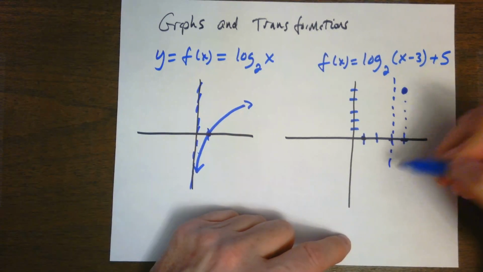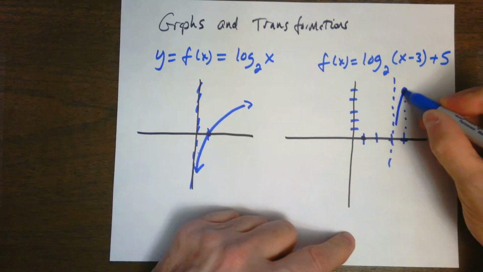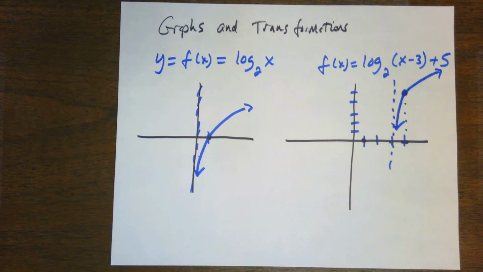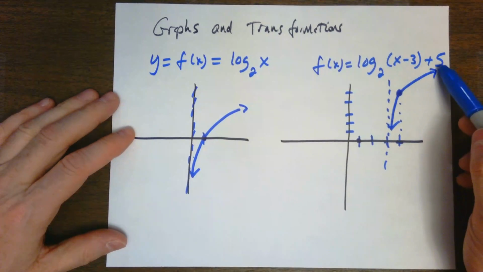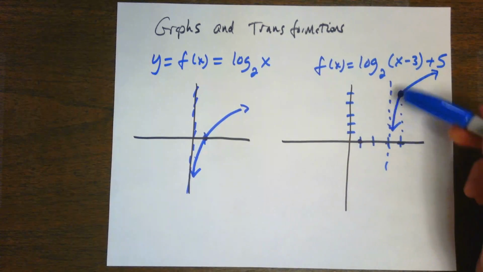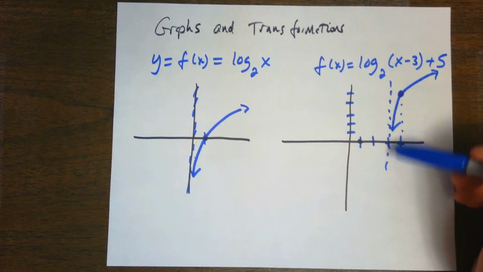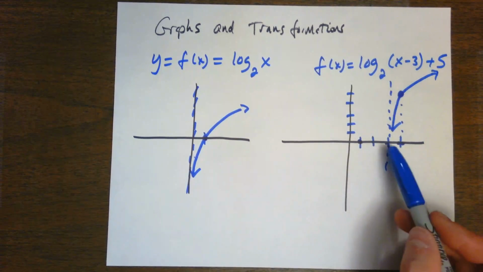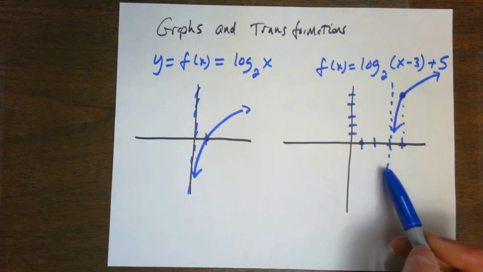Here's my new asymptote, and the function is going to look like this. The translations of right 3 and up 5. The new asymptote is the line x equals 3. Here it was x equals 0, but I moved everything over 3. So my new asymptote is the line x equals 3.